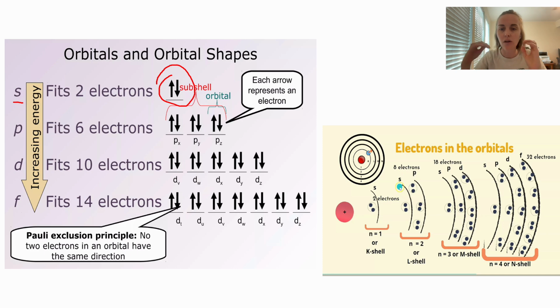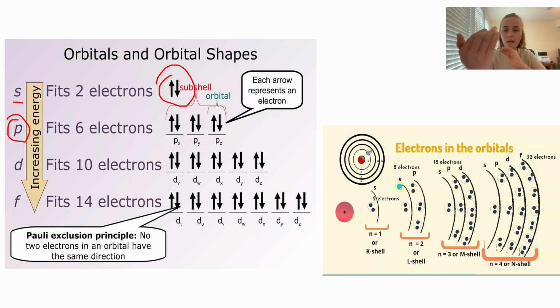If they are in the same orbital, they still want to repel each other. They still want to stay far away because they're both negatively charged.